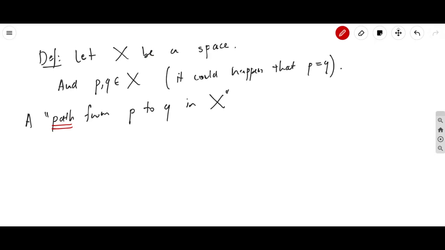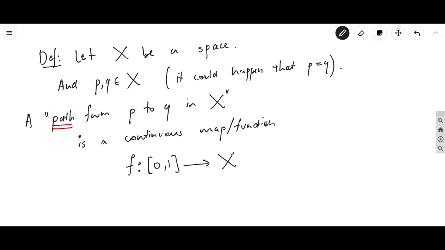Because when we talk about the fundamental group, we're going to be talking about closed paths, paths that return back to the very beginning. So a path from P to Q in X is a continuous map, or function if you prefer. Maybe some of you prefer to say function instead of map, but they're interchangeable. It is a continuous map from the closed unit interval into X. You can always assume that the interval is the unit interval by rescaling.